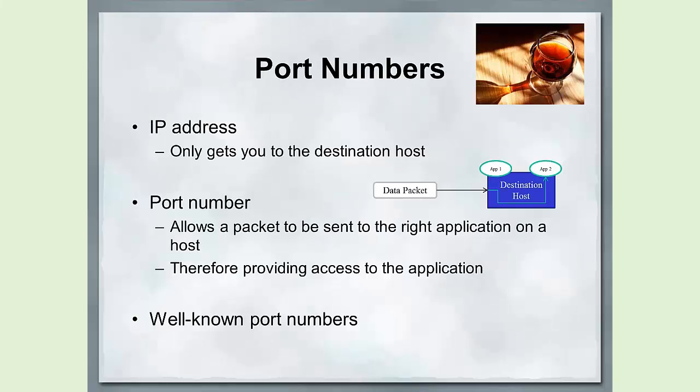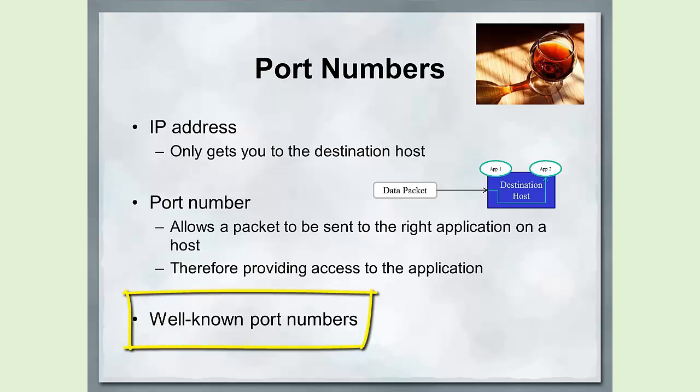There are also these port numbers that are well known to the public because in order to run a server application on a host, you have to let the users know which port the application is using. That's why these port numbers have to be well known.